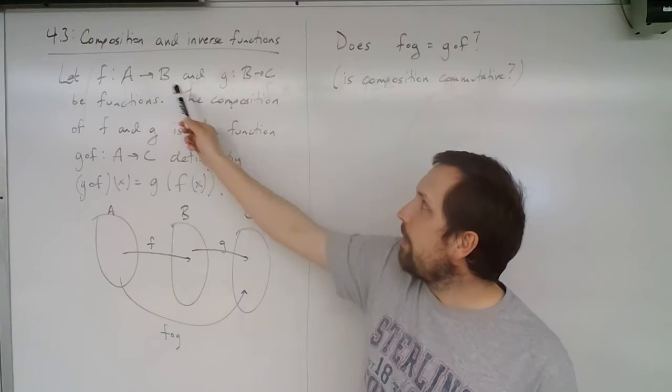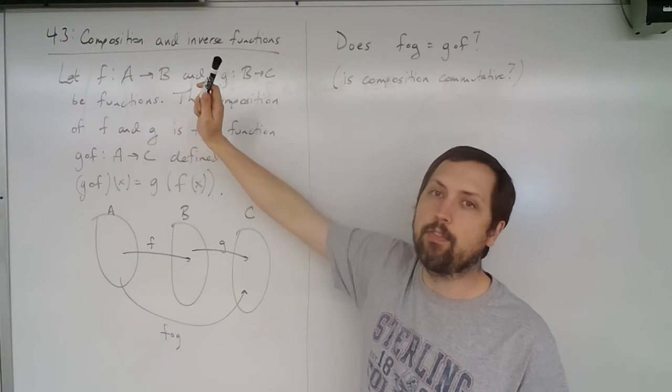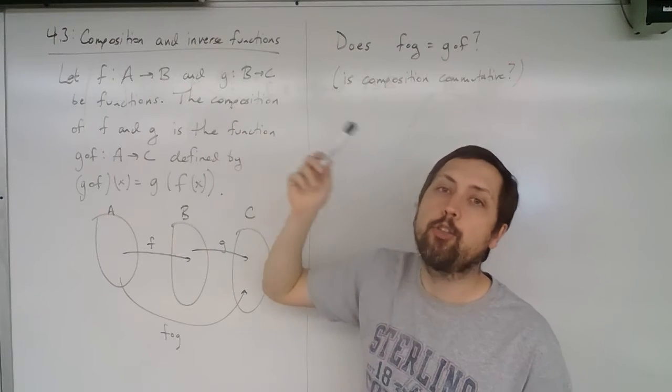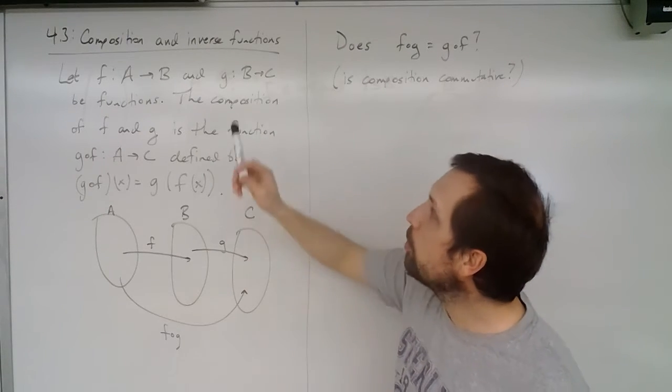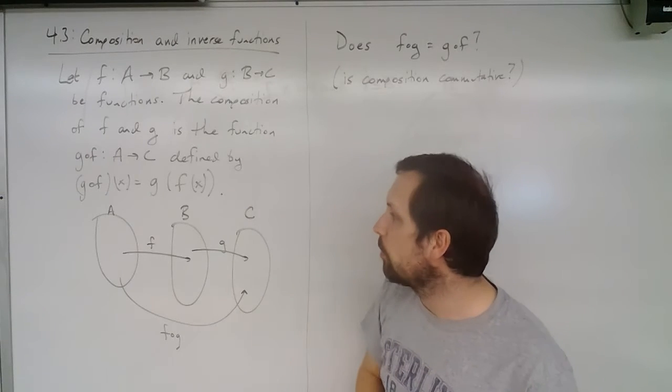So when we look at these two functions, notice that the codomain of f is B and the domain of g is B. So we have to have the same codomain of the first function as the domain of the second function.